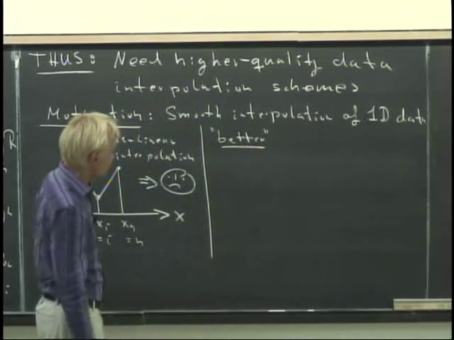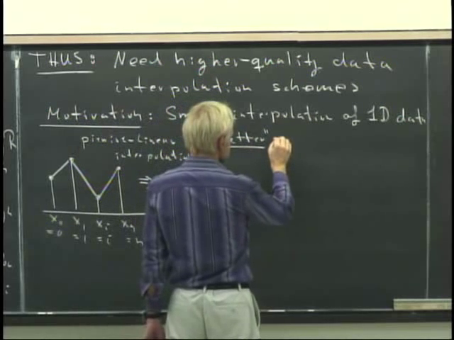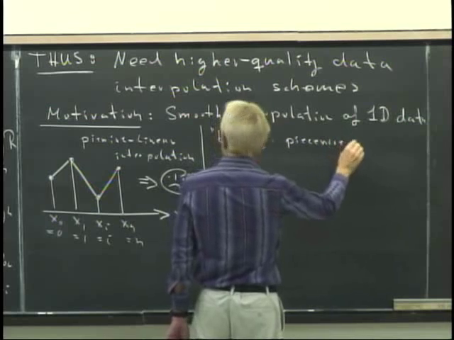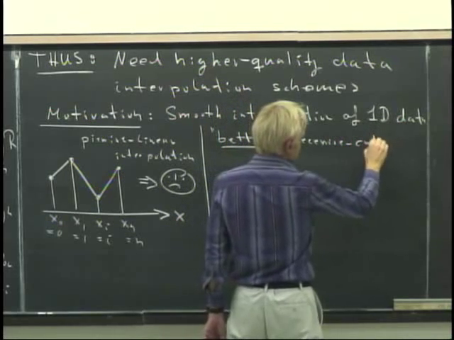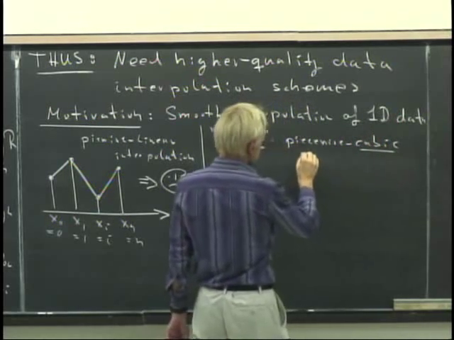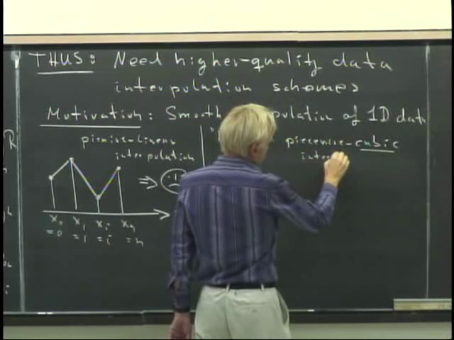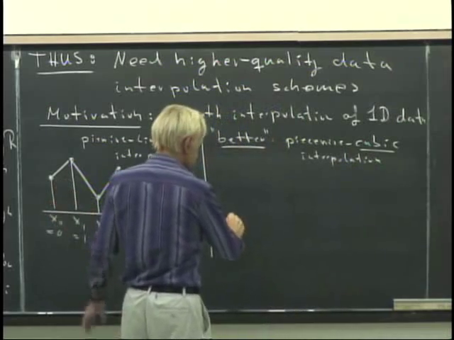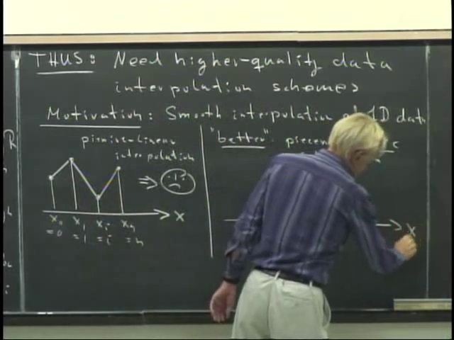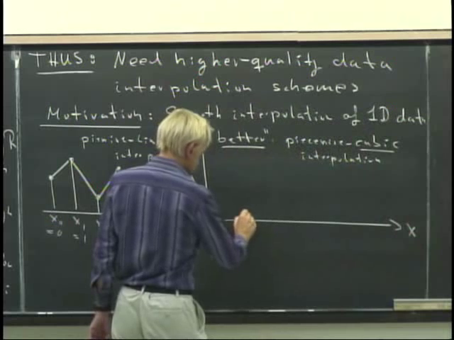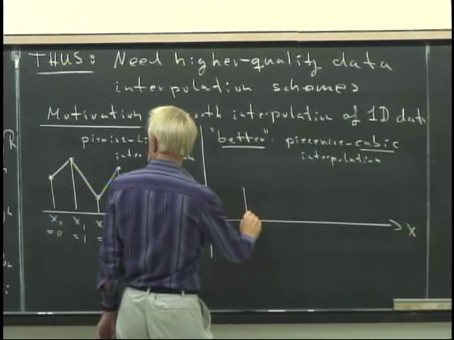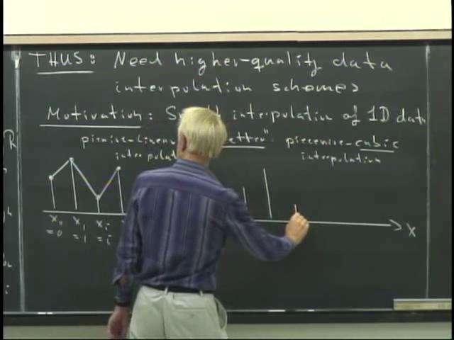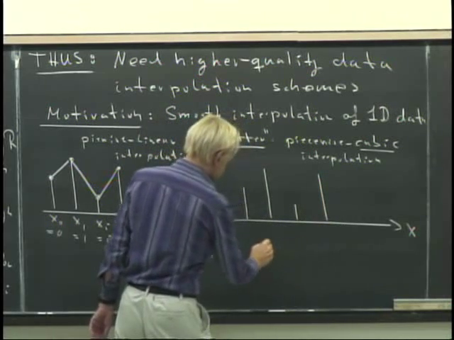Depends on the purpose, but for our purposes it is better. We use something that is called piecewise cubic interpolation, where the same data is given: x naught, first one like this, ith one like that, last one like that.